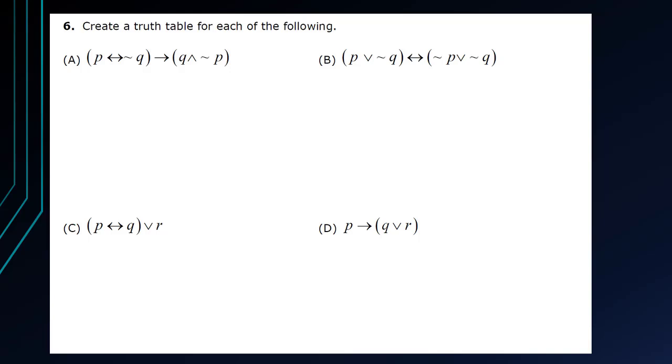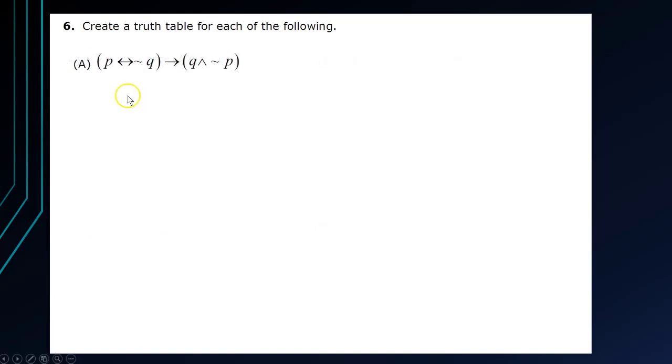Typically, I will make longer truth tables so I can keep things in order, whereas the textbook will sometimes intermingle things and then label which was done first, second, third, fourth, and so forth and so on.